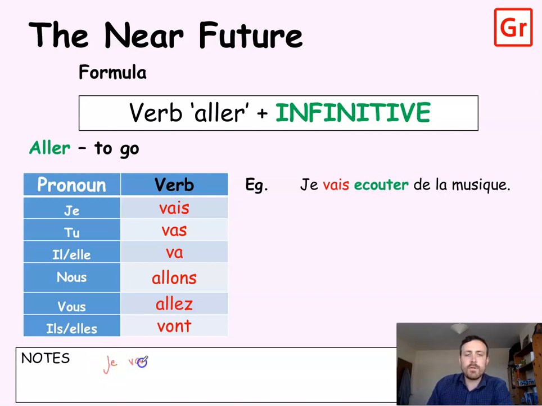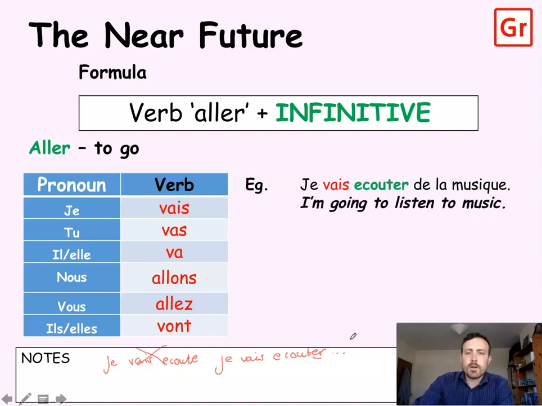So they put je vais, which is correct, I'm going to, and then they conjugate this with the je, which is incorrect. Je vais écoute, no. We need to follow the rules. So je vais écouter with the er on the end, and that would then mean I'm going to listen to music or to the radio or whatever it might be.